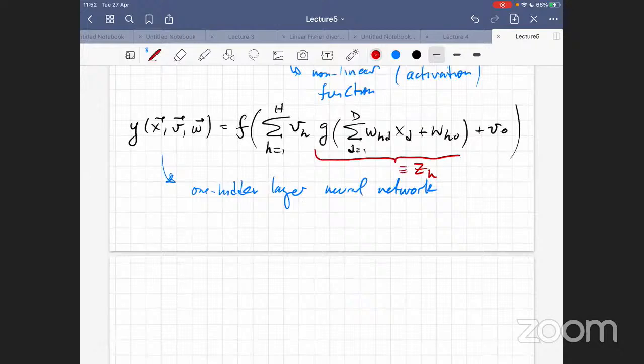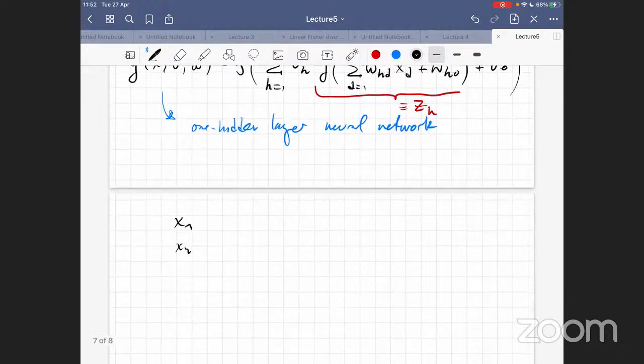I start with all the inputs as before, so x1, x2, up to xd, because I have a d-dimensional input.